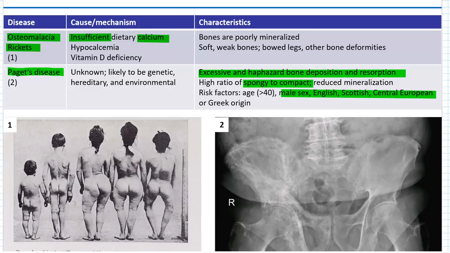Okay? What can lead to it? What can cause insufficient calcium? One, low dietary calcium. You eat kale and nothing else. And another reason, vitamin D deficiency.